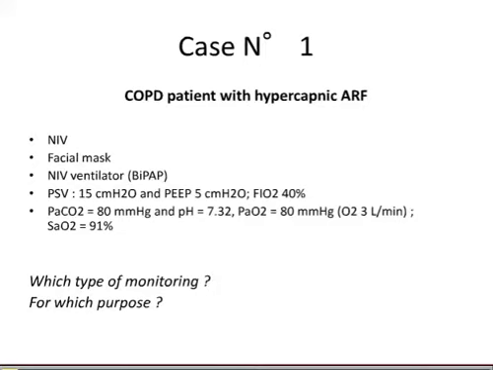The settings are pressure support ventilation, 15 centimeters of water for the inspiratory pressure, a PEEP of 5, FiO2 of 40%, because as you can see the arterial blood gases are not very severe as regards oxygenation, but there is a hypercapnic acidosis.